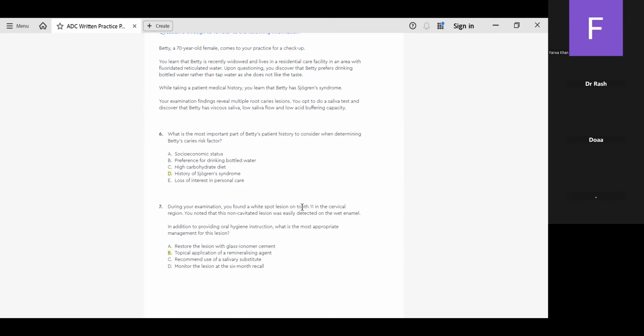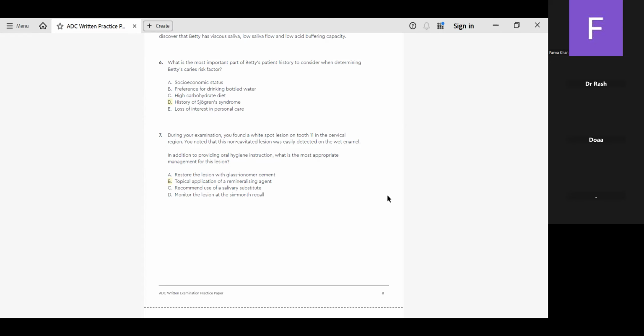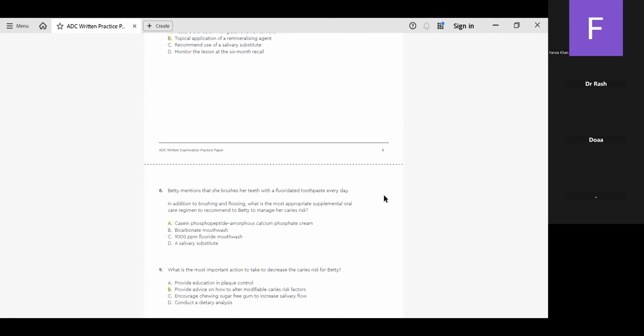You found a white spot lesion on tooth 1-1 in the cervical region, a non-cavitated lesion. In addition to providing oral hygiene, what is the important management for this lesion? Topical application of remineralization agent. What other supplemental oral hygiene care regimen can you provide to Betty? CPP, ACP.